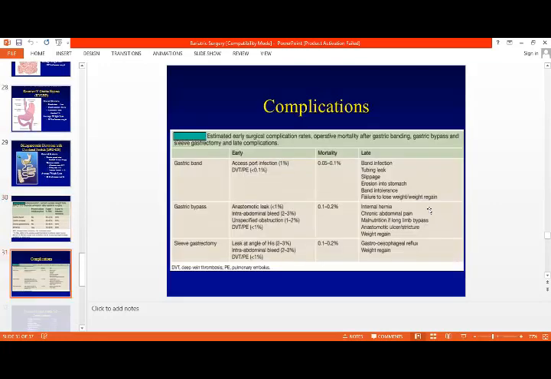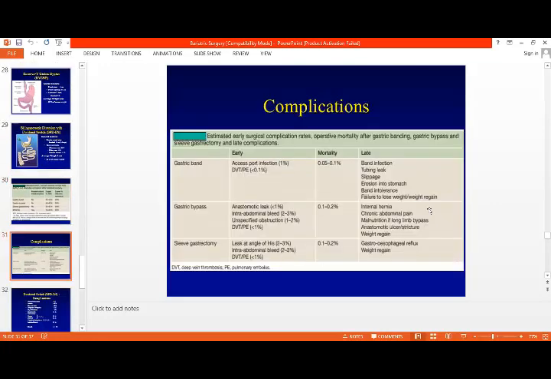So now we just quickly touch on the complications of these procedures. If you see for the 3 different procedures, gastric band has actually very little complications. Early you can only have DVT and pulmonary embolism, which is present in all these operations because patients are obese and super obese.